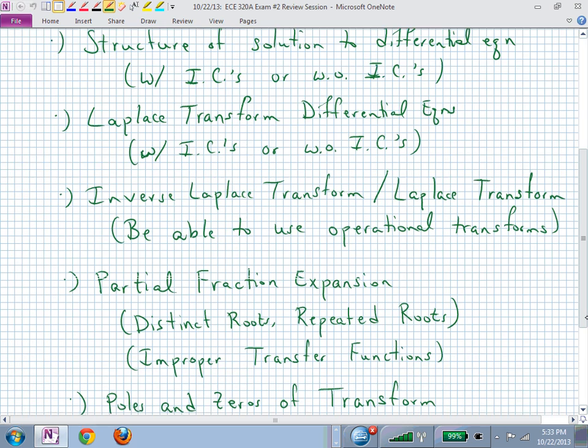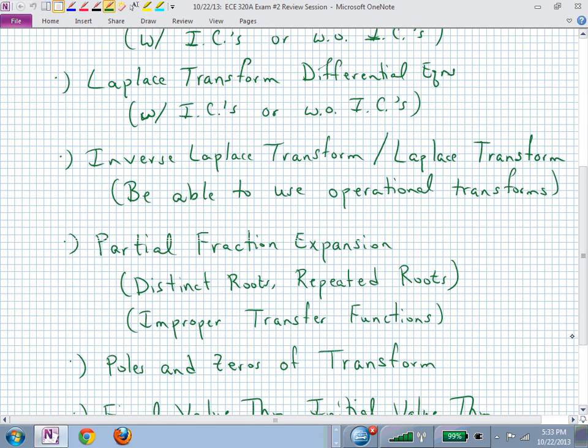With respect to performing the Laplace transform or the inverse Laplace transform, you should be able to convert the expression into something that's recognizable from your table, and you may have to use the other table of what's called the operational transforms.